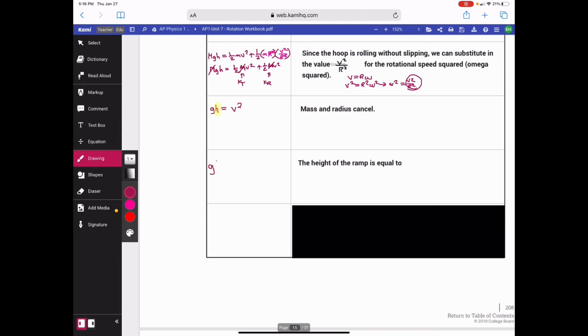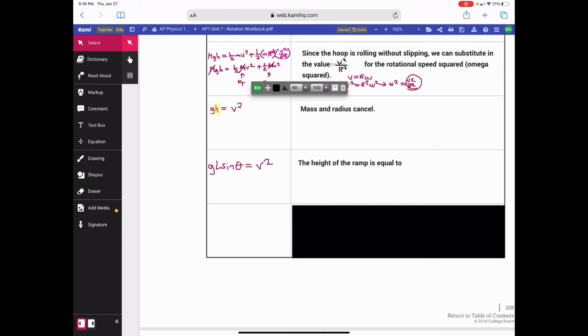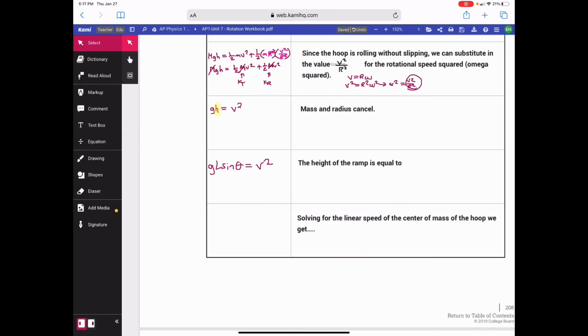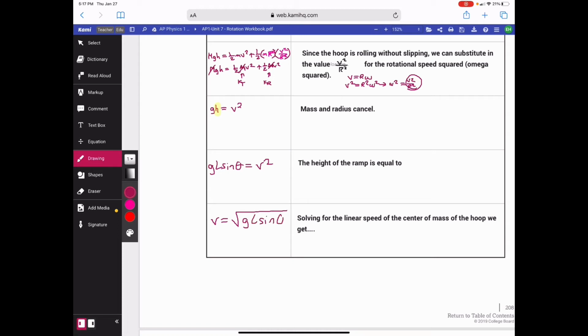So gL sine theta equals v squared. Finally, solve for v. Square root both sides, and v is equal to the square root of gL sine theta.